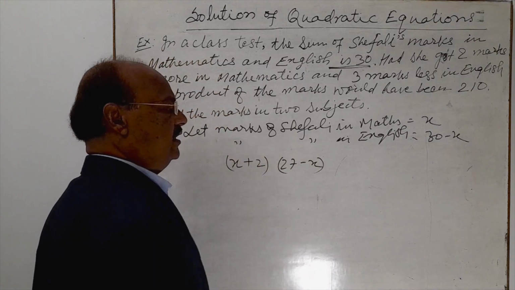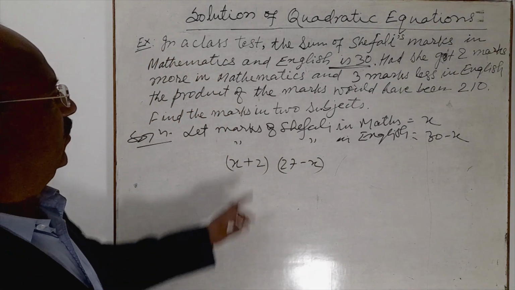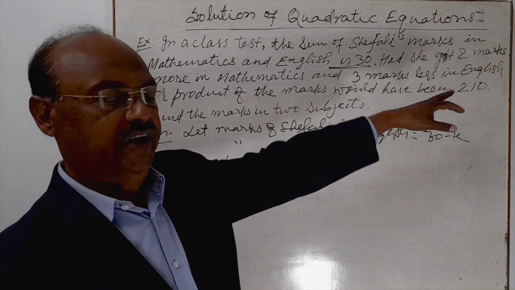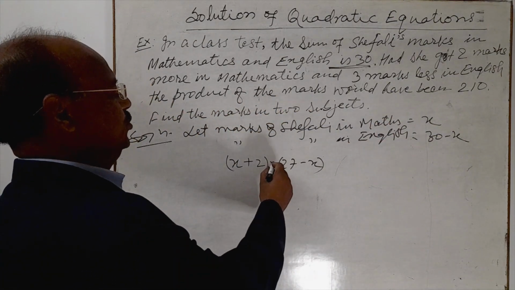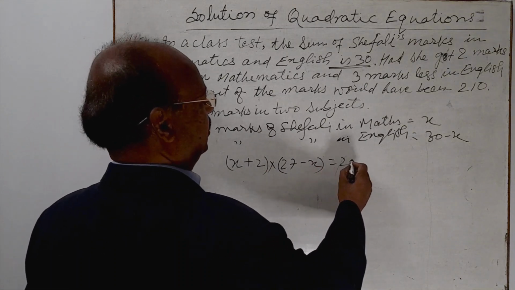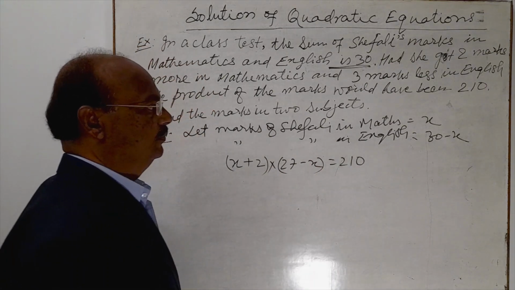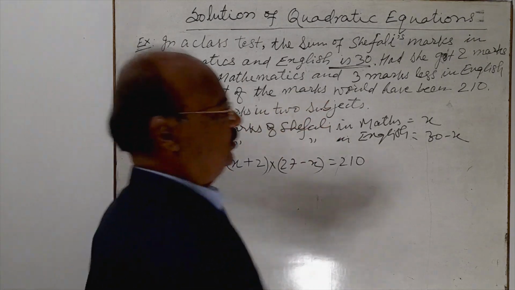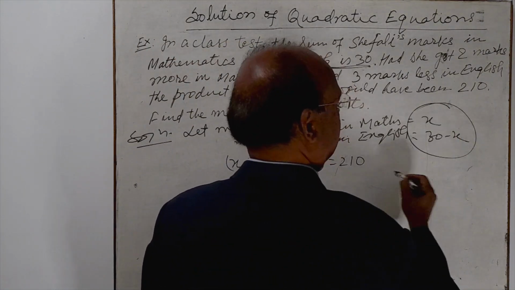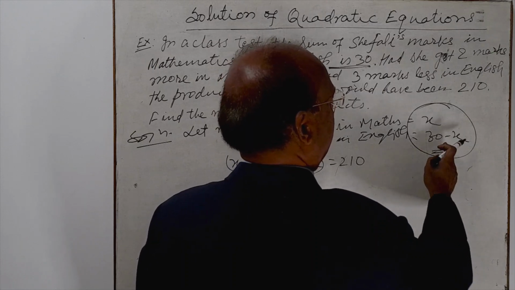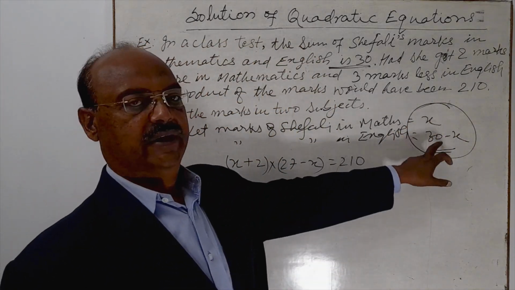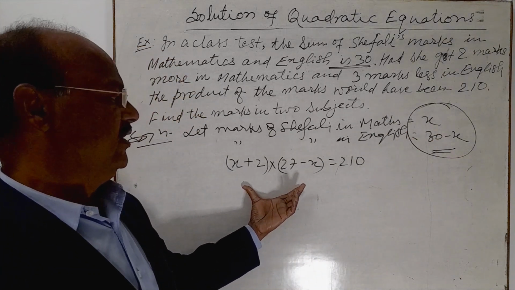And the product of these marks would have been 210. If you multiply these 2 marks, it would have been 210. Correct? So find the marks in 2 subjects. So we have to get the value of x, and easily we will get the value of 30 minus x also. So we have to get these 2 values by solving this quadratic equation.